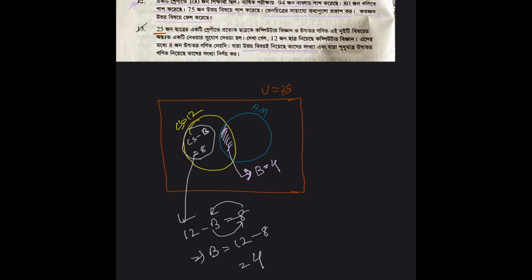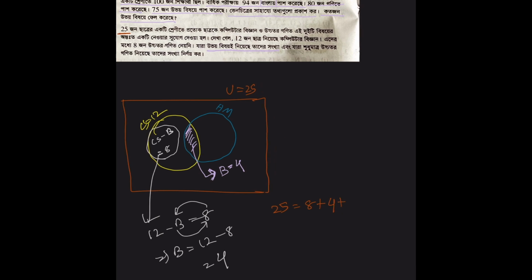Now we can see the total number of students is 25, and according to the question, each student has to choose either one or both the subjects. This means that the total number of students, which is 25, equals the students who took only computer science, which is 8, plus students who took both computer science and mathematics, which is 4, plus students who took only higher mathematics.